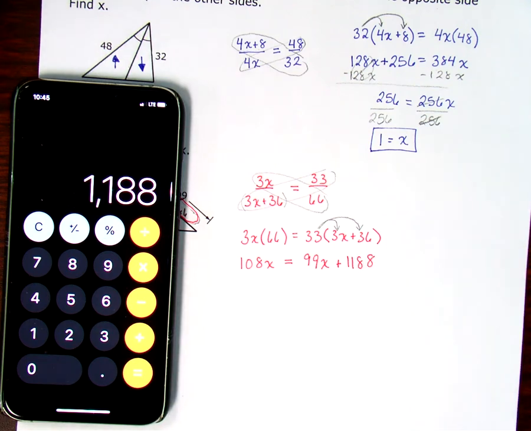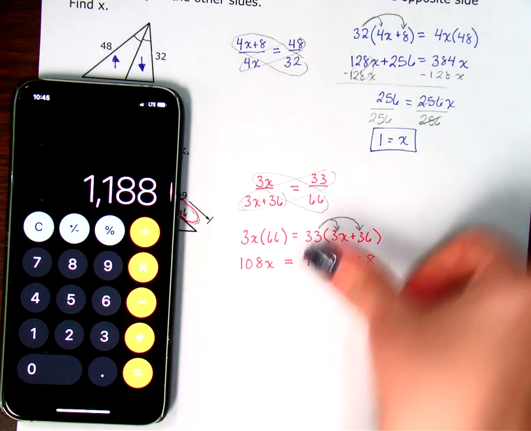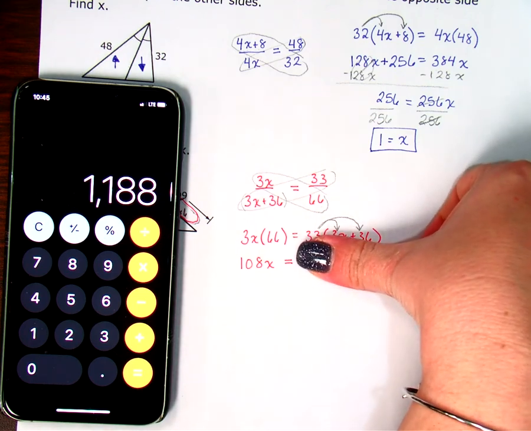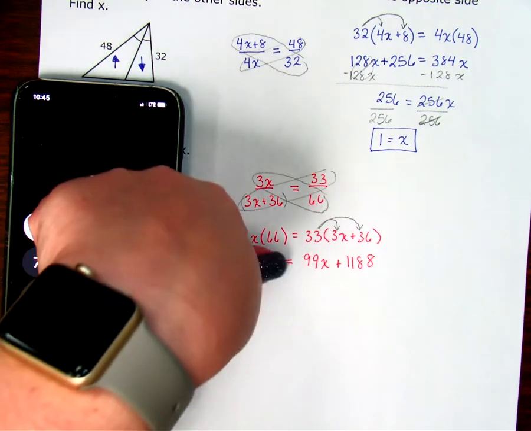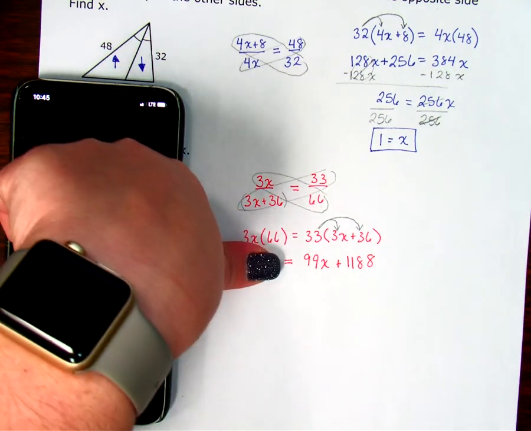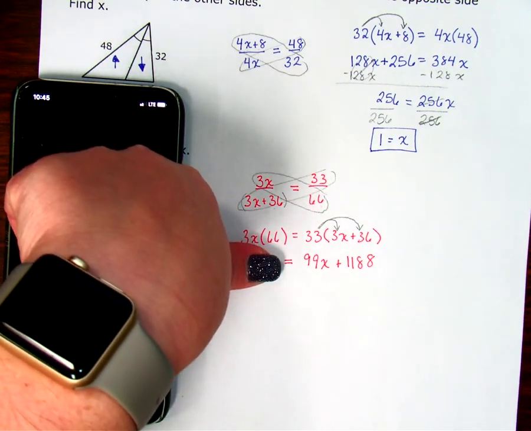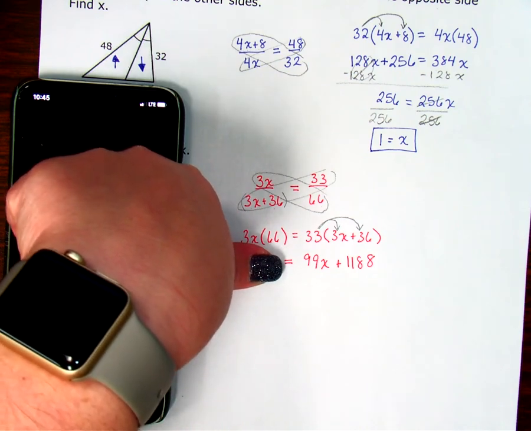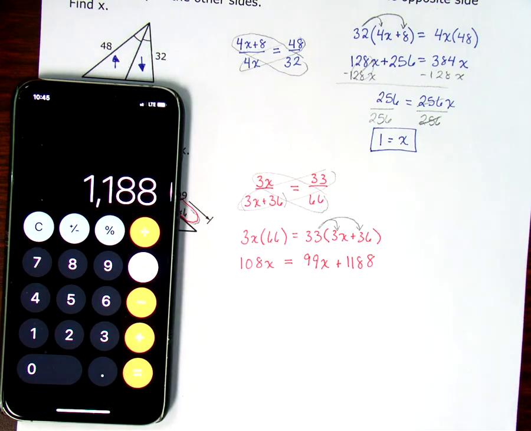Okay, and now I'm ready to get all my x's together. I'm not combining like terms because when I look at that side, I only have a single x term, and when I look at the other side, I can't put together the 99x and the 1188. One has an x, the other does not. So now I need to move my x's to the other side of the equals.